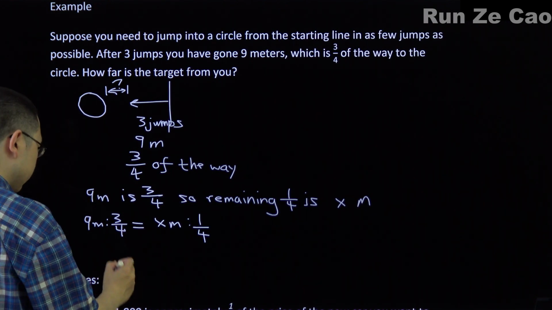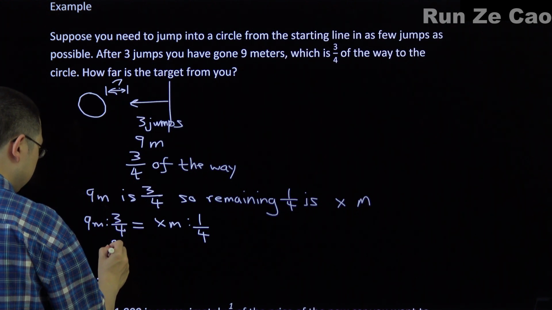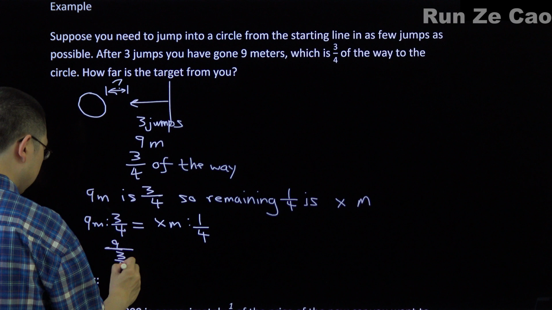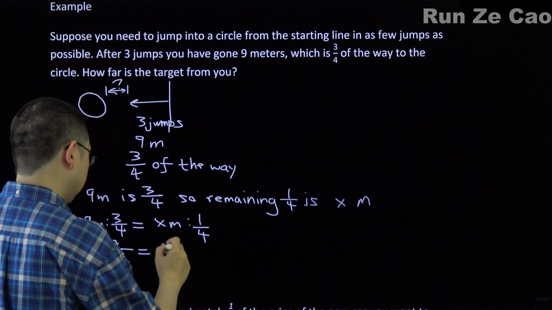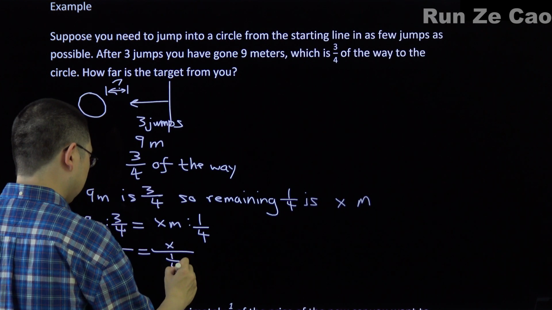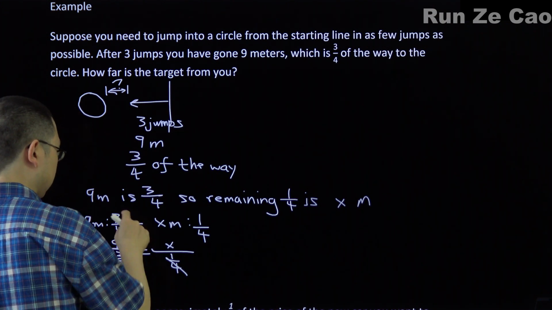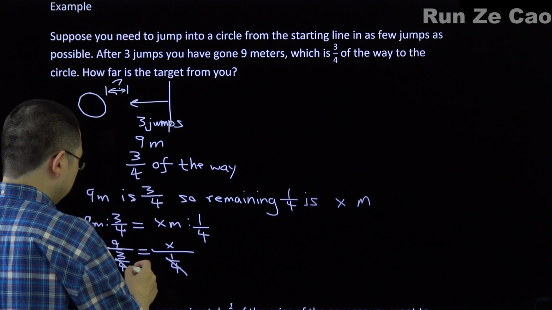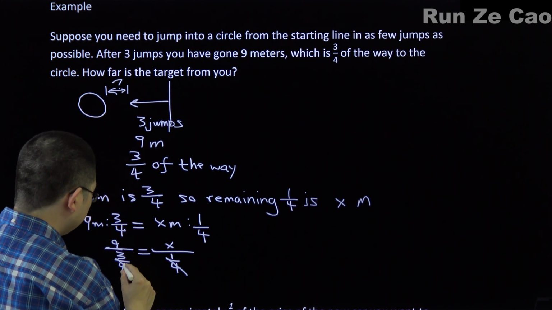Now, what does this actually do? This is 9 over, actually this should be a long dash. It's over a fraction. Equals x over 1/4. Now you can actually cancel the quarter part right out. Like this ratio here is going to be 3 to 1. So, what next?